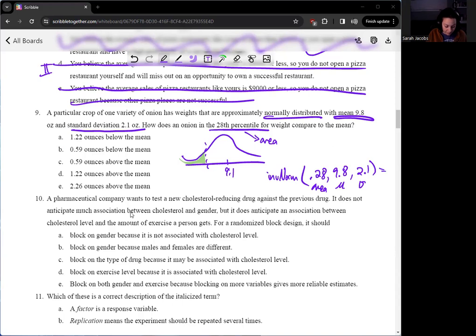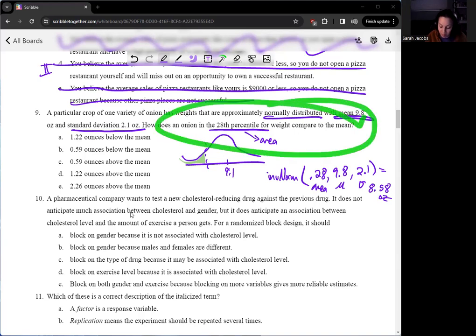When we do that, inverse norm, area is 0.28, mean is 9.8, standard deviation is 2.1. And we definitely want a left tail because we want the 28th percentile, so everything else is to the left. We get that the onion weighs about 8.58 ounces.